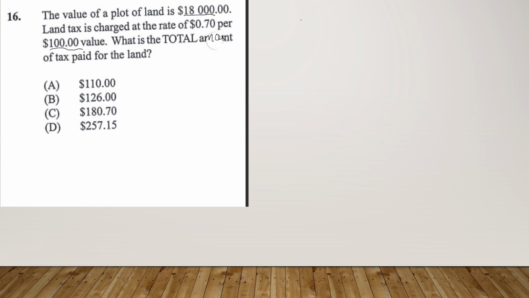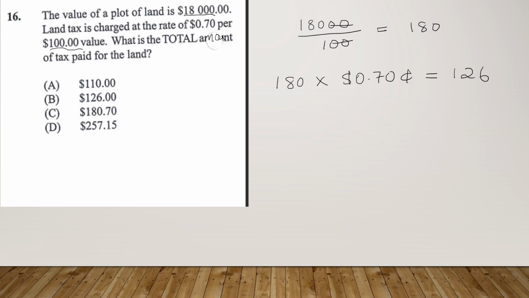So we'll divide 18,000 by 100. Take off these two zeros, we're going to get 180. So for every $100, you're getting 70 cents. So we have to multiply now 180 by the 70 cents. And when you do that, you're going to get $126. So the answer is B.